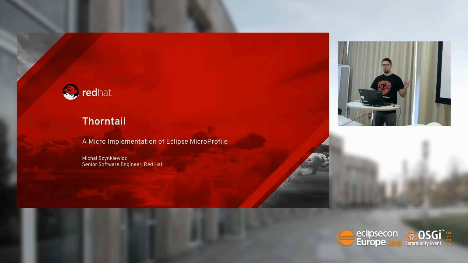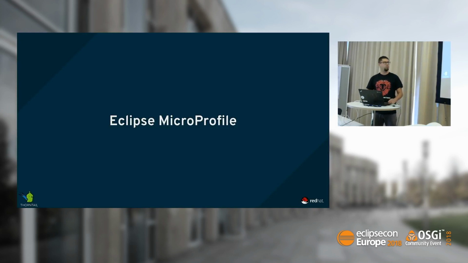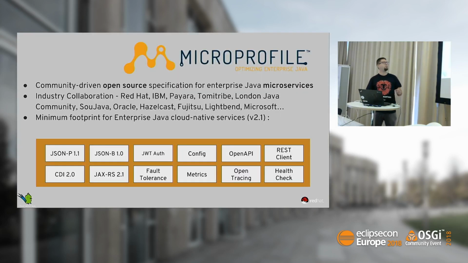I'll be talking today about Thorntail, our microservices implementation of Eclipse MicroProfile. I will start with an intro about MicroProfile itself. MicroProfile is a community initiative to define Java specifications to address cloud problems, let's say.